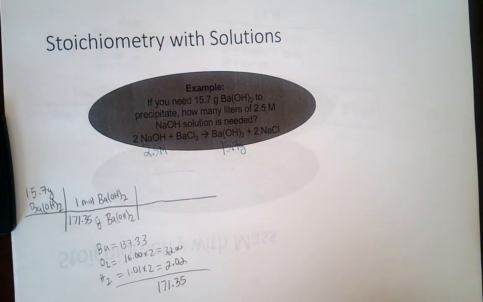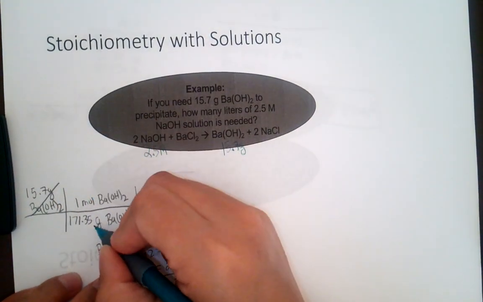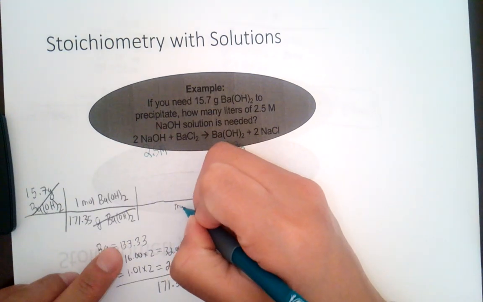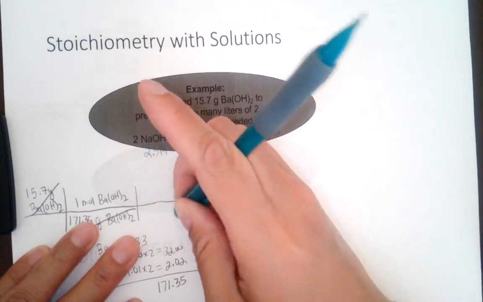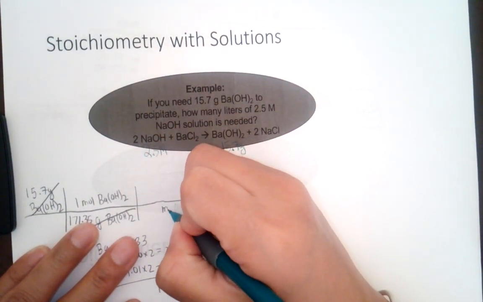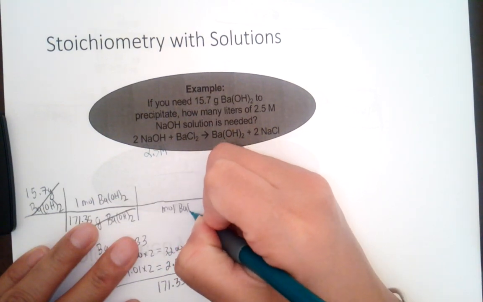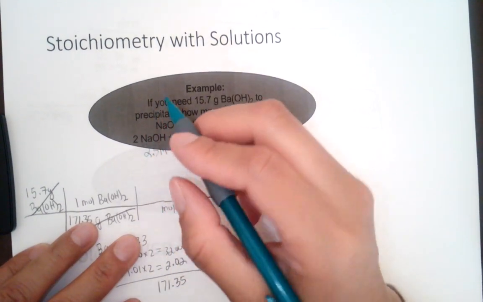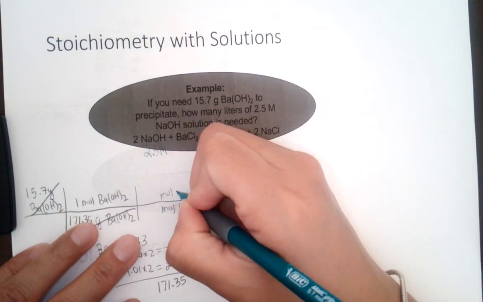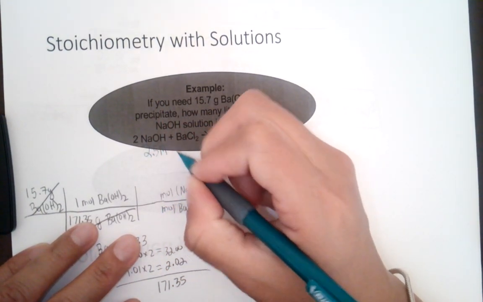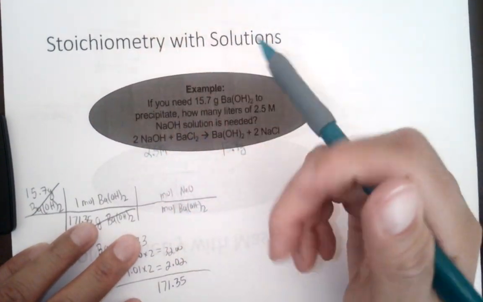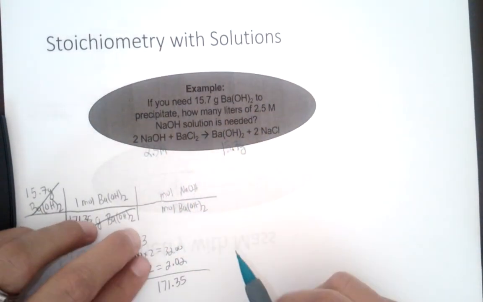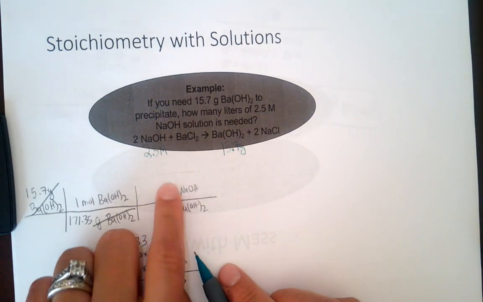So that means that I got rid of my grams of BaOH2. Now I want to get rid of moles of BaOH2, and I want to know the moles of NaOH. That's not the final answer that I want, but it will help. Now here is where I'm using coefficients.